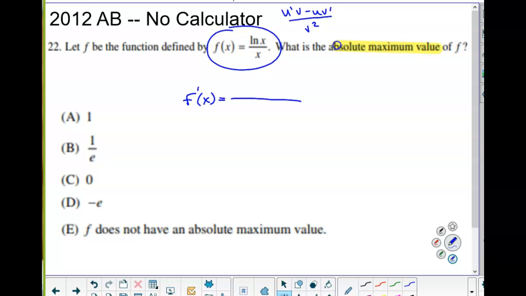But for the quotient rule, I'm going to take the derivative of the top, which is the derivative of ln x, which is 1 over x, times the original second, minus the original first, times the derivative of the bottom, and the derivative of x is 1, all over the second one squared.